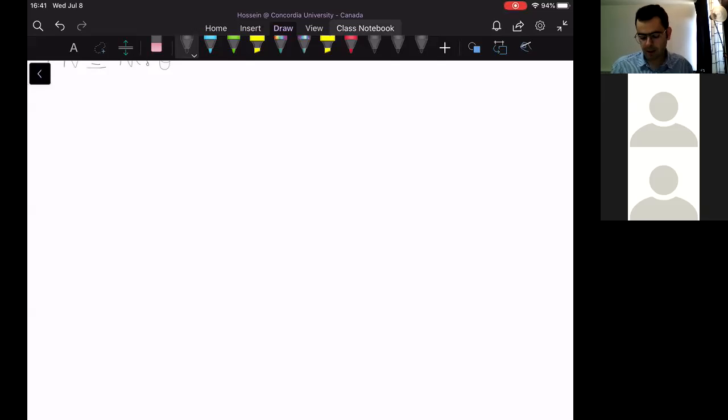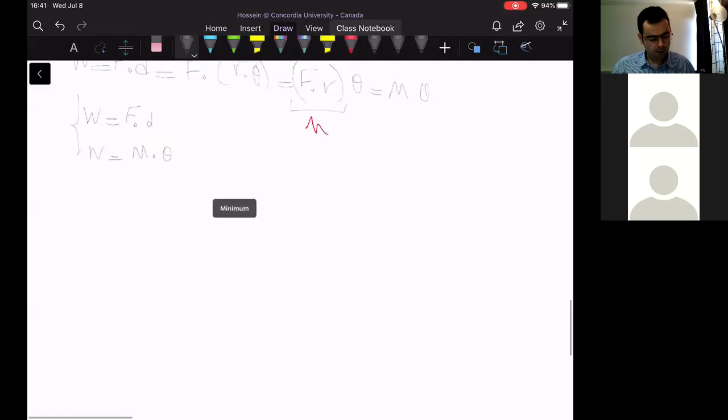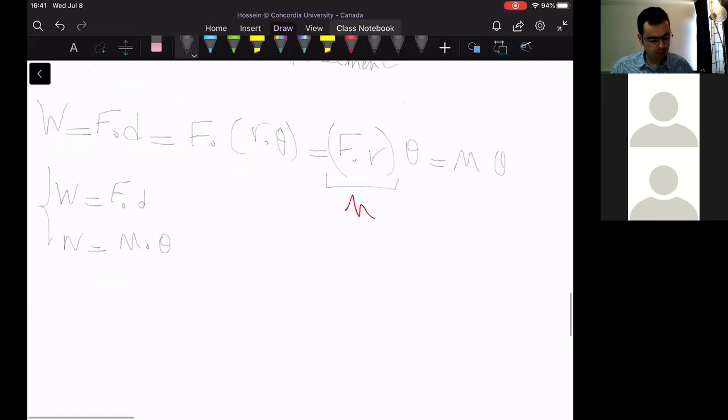Another definition of virtual work says that if a particle or a rigid body is in an equilibrium position under the action of a number of forces, the total work done by the forces for a very small arbitrary displacement is 0. We write here, total work should be 0, right?